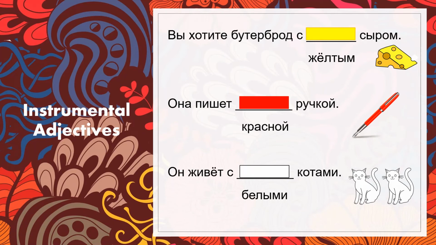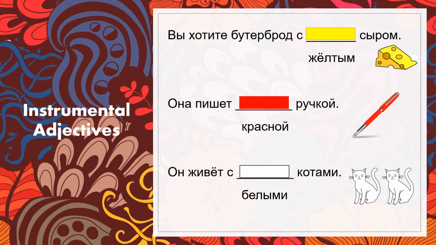Okay. As always, if this is your first time learning about the instrumental adjective case, please pause the video here, go back, review what you've learned, give it a few days, let it really sink into your brain before moving on.